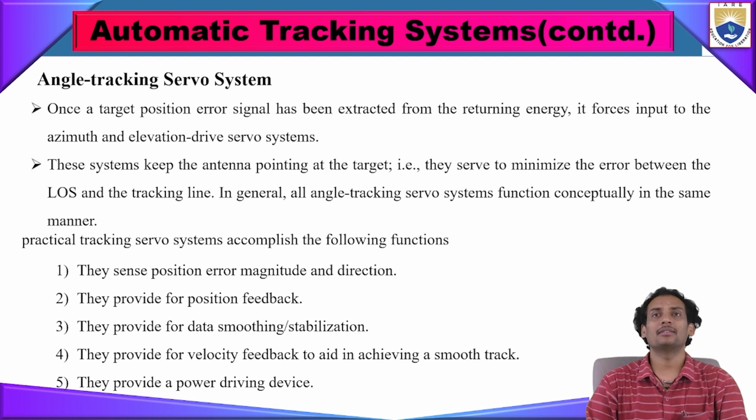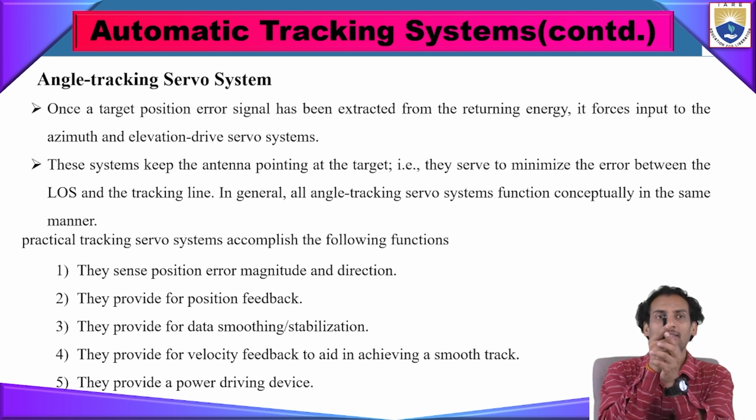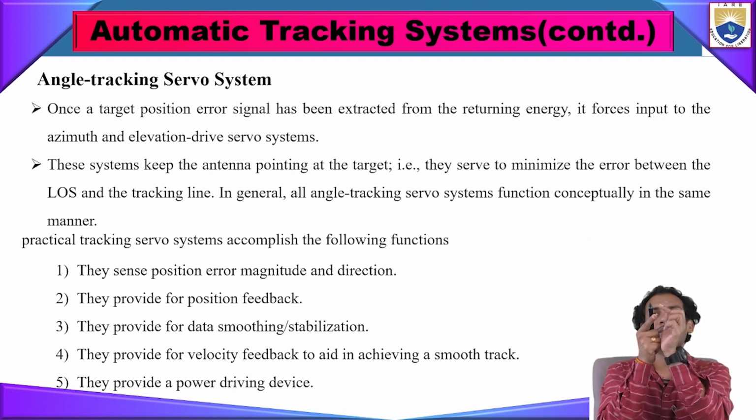Once a target position error signal has been extracted from the returning energy, it forces input to the azimuth and elevation drive servo system. While it is targeting like this, if it is not tracked, between the target and its elevation there will be a slight error.